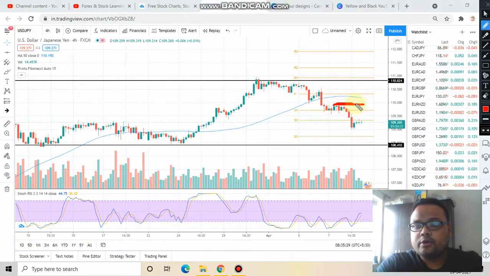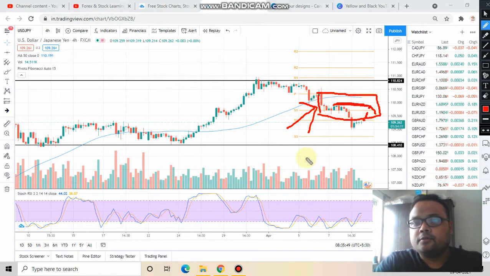If the market goes up from here, look at the price at this level. In case the market reverses from here, you can short the market. In case the market reverses from the 50 moving average also, you can short the market. So this is also a shorting opportunity for you: this consolidation level and the 50 moving average.